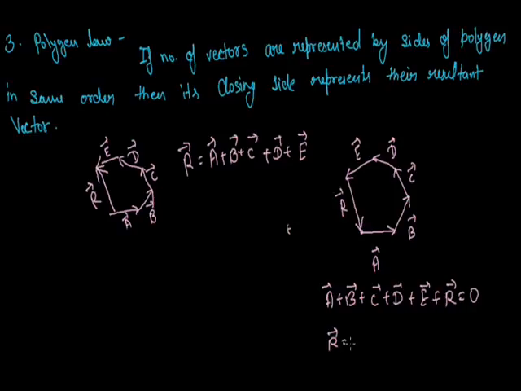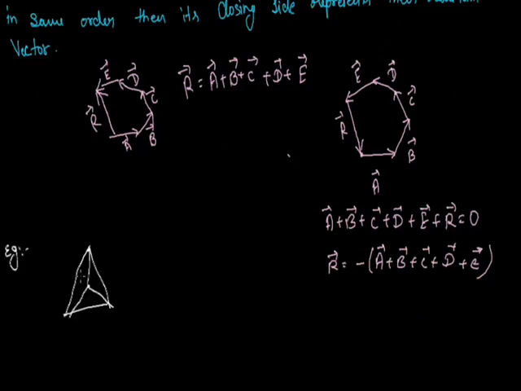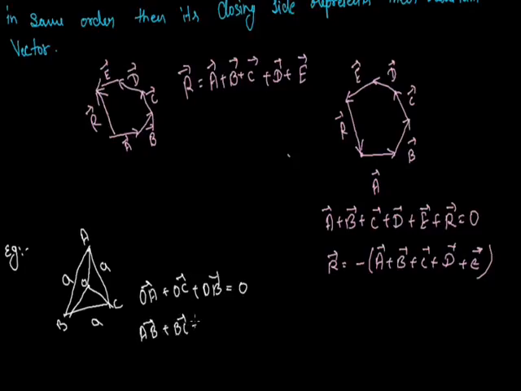Then R vector equal to minus of A vector plus B vector plus C vector plus D vector plus E vector. For example, if this is ABC, this is O, then OA vector plus OC vector plus OB vector equal to 0 and AB vector plus BC vector plus CA vector equal to 0.